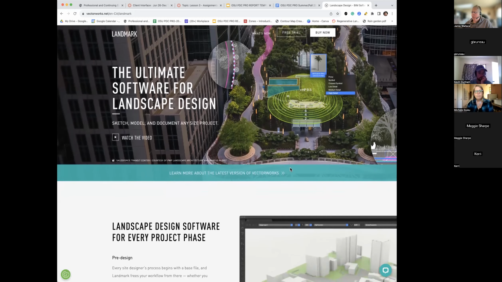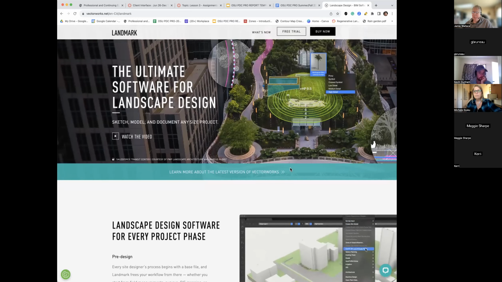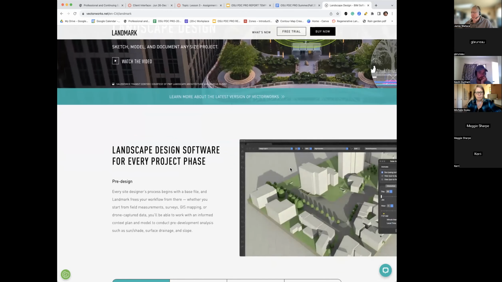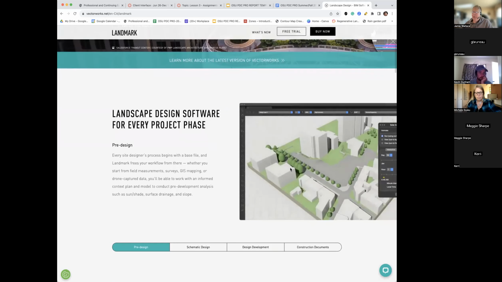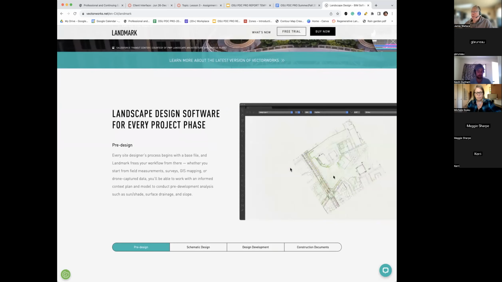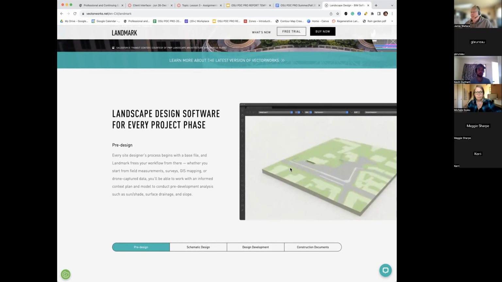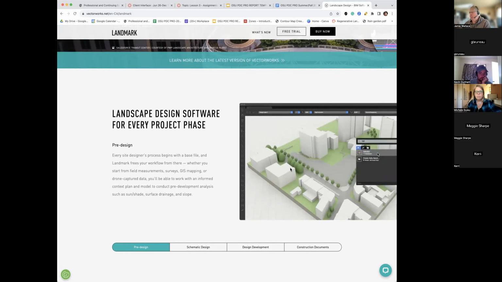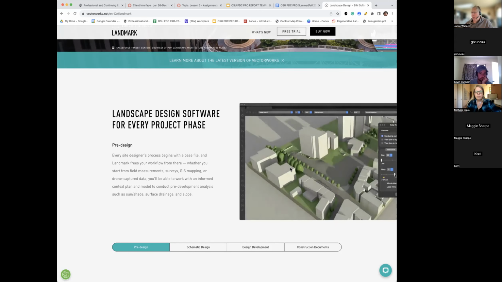And during the course, we really want you to dial into the permaculture design process. I've been very lucky because we basically used this software for 25 years. So we chose the right one. Way back in the day, it was called MiniCAD. It wasn't called Vectorworks at that point.